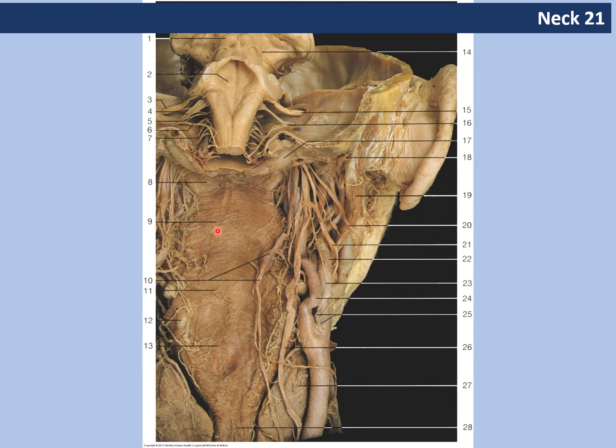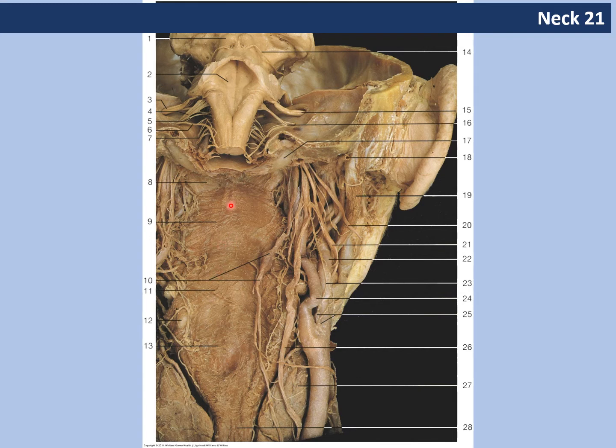Another way to distinguish them is their anterior attachments, where the superior constrictor attaches on a pharyngeal, a fascial line just posterior to the buccinator muscle in the cheek, whereas the middle constrictor attaches on the hyoid bone.